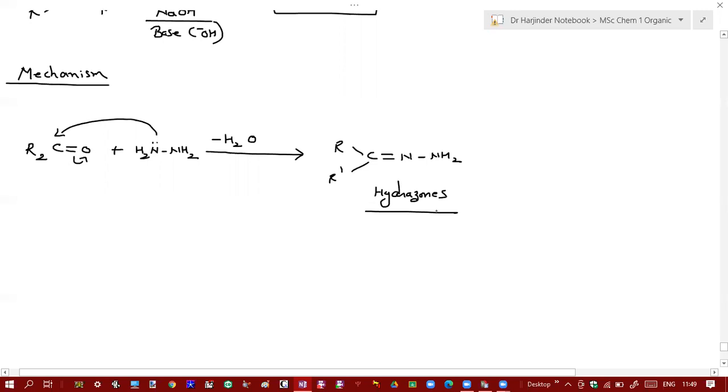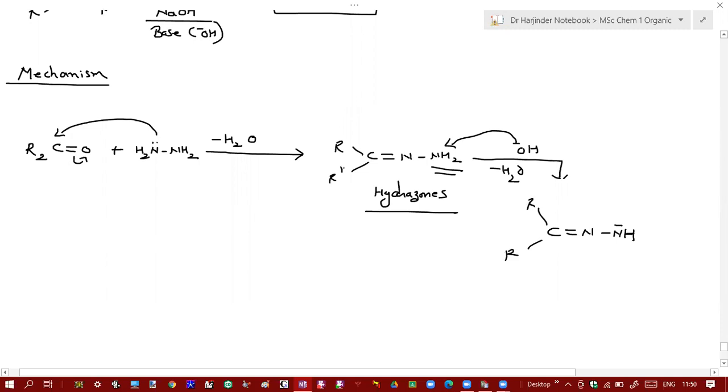Then you are using base, hydroxyl ion. What will the base do? The base will take an H plus ion from this NH2, so there will be a loss of water. It will take an H plus ion from this NH2 and it will become C double bond N, single bond N, H negative, since it has lost the H plus ion, and this will remain the same.